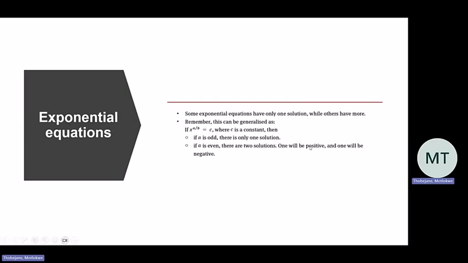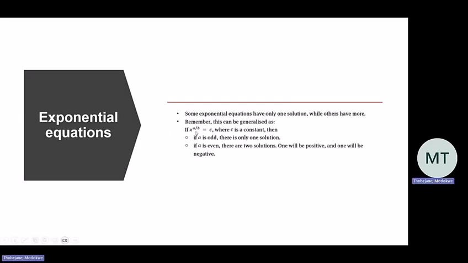If you see that you have a base of 2 to the power of 3 over 4, right? What is a in this case? If our a is 3, it means you are going to have one solution. Let's proceed here.